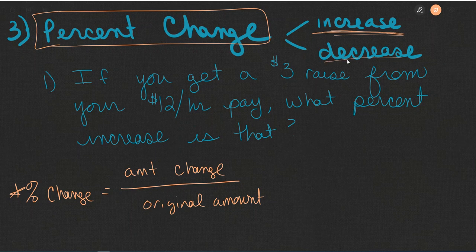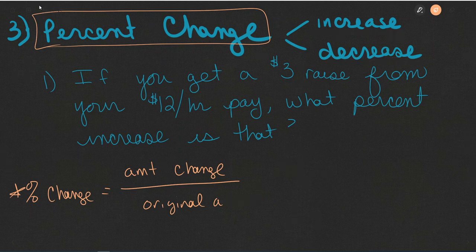Or a percent decrease could be a sale at your favorite store where some of your favorite items might be on sale. So the percent decrease would represent how much of a change in the price was there. But all of these just fall in the category of a percent change, and you can use the same procedure for all of these problems.